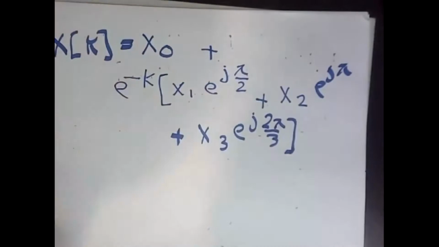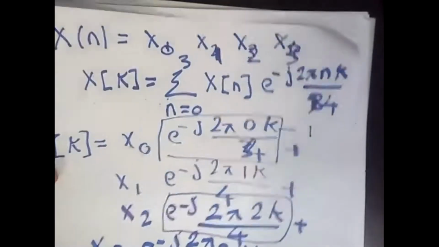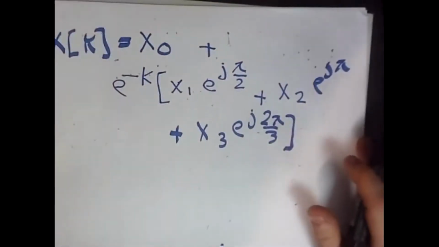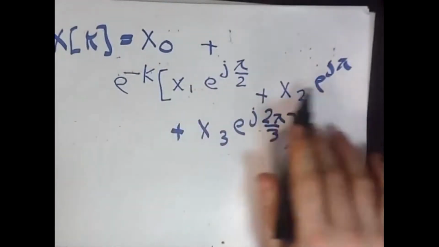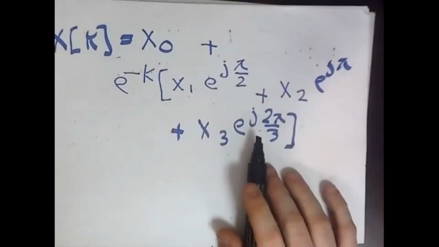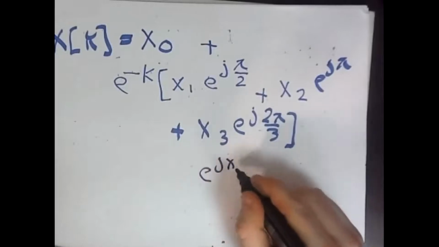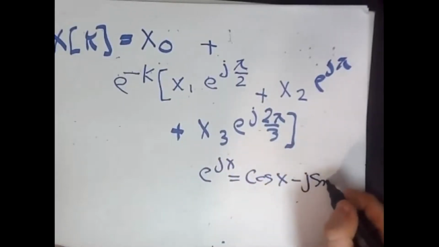So this is somehow mathematically a bit simpler than the original format, which is this big, sophisticated format. So now, what should we do? The next step is, let's examine these terms. These are deterministic terms because, as you know, my dear students, e power jx is equal to cosine x minus j sine x.